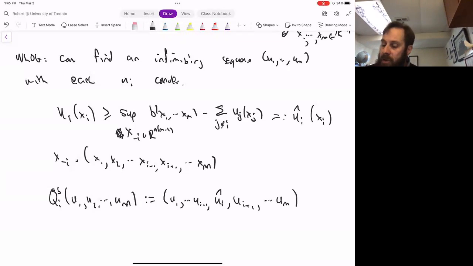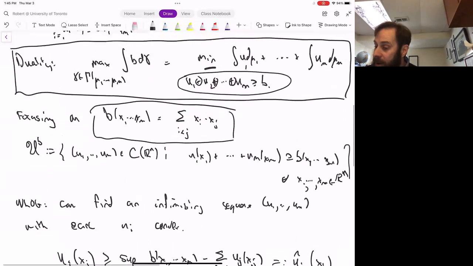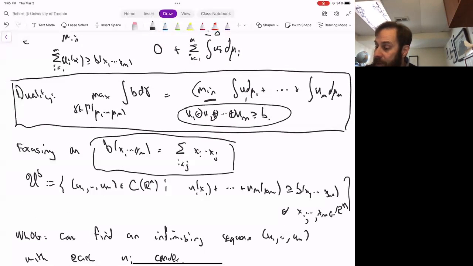So what the operator Qi does is it keeps all of these the same except for the ith one, and it replaces the ith one by this one. And one of the observations is that it makes that one smaller. And from the point of view of this infimizing problem, smaller is better.